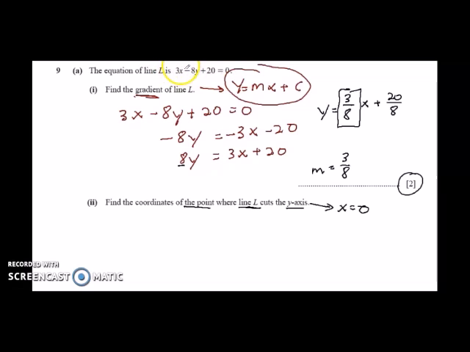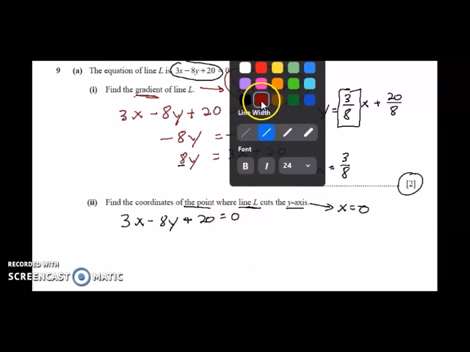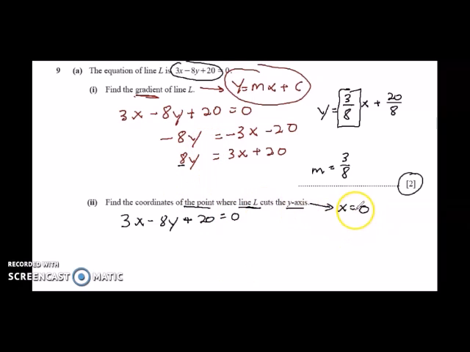Okay, so we can just use this equation, 3x minus 8y plus 20 equals 0, and we substitute the y with 0, so this thing will become 0, and we are only left with, so we move the 20 to the opposite side, becomes negative 20.